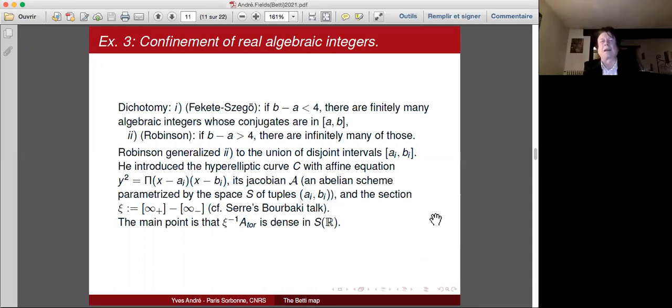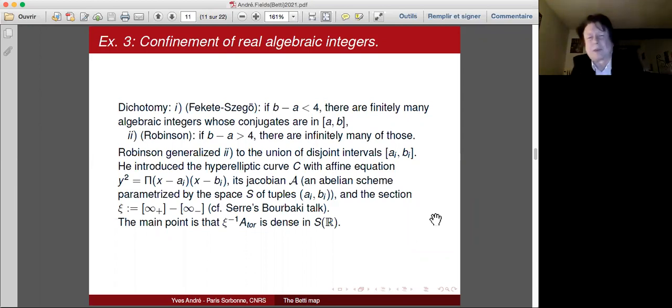The first case, proved by Fekete and Szegő, is that if you have two real numbers a less than b, and if the difference is less than 4, then there are finitely many algebraic integers whose conjugates are all in the interval [a, b]. And in the opposite case, the theorem of Raphael Robinson: if the length b minus a is greater than 4, then there are infinitely many of those.